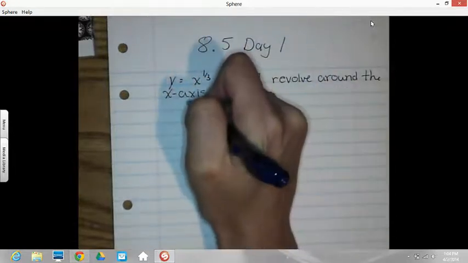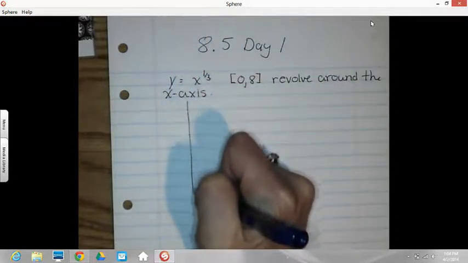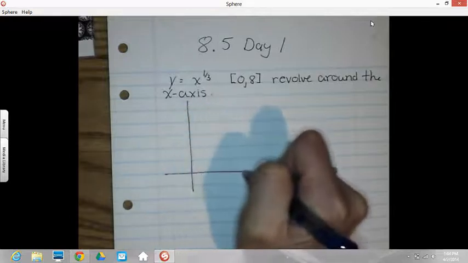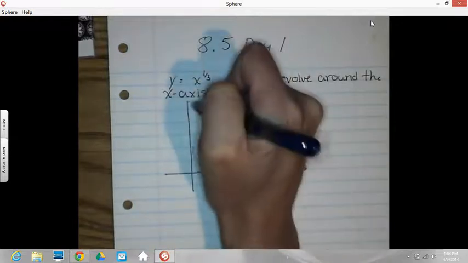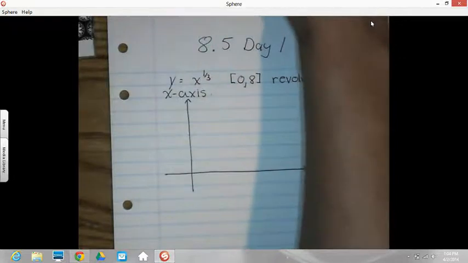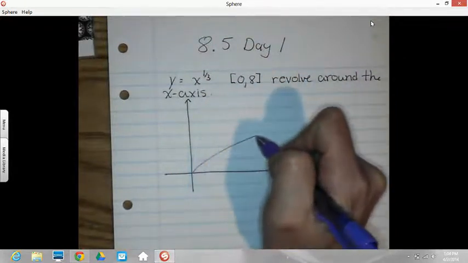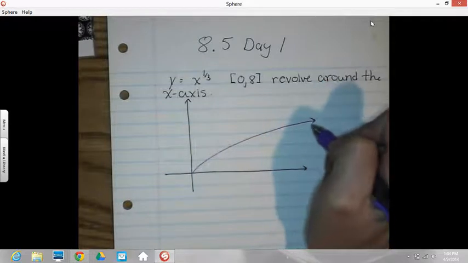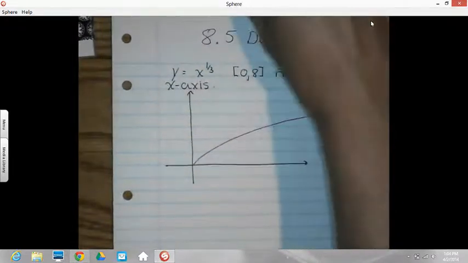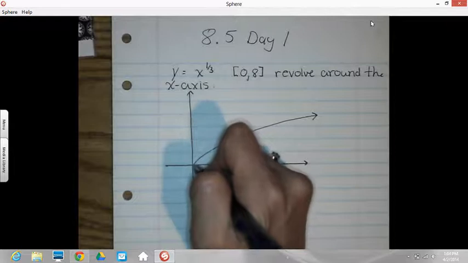Okay, if we take a look at that, y equals x to the 1/3 kind of takes off and opens up like this. And we're only going to look at the chunk that goes from 0 to 8.